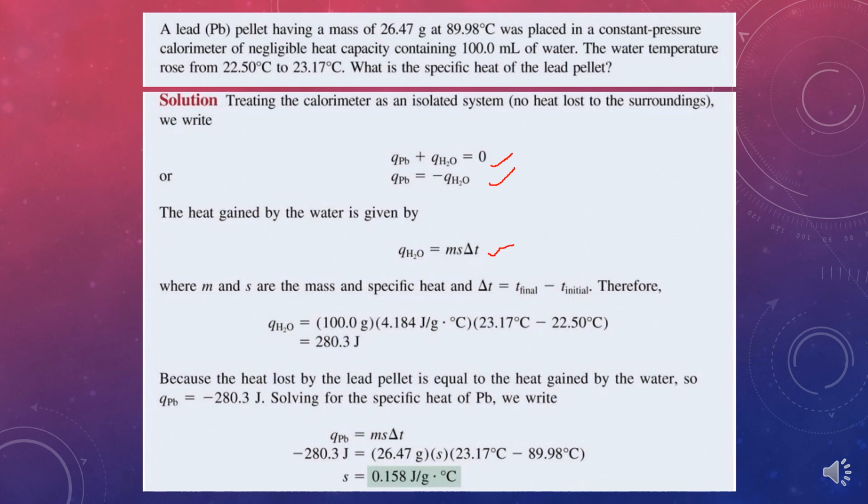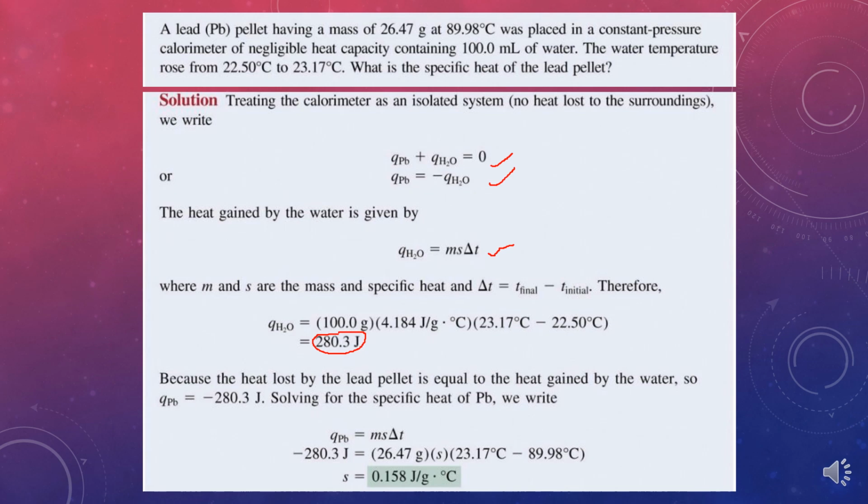Now, substitute the value given in question to the equation. Heat gained by water is 280.3 joule. We want to find specific heat of lead pellet.